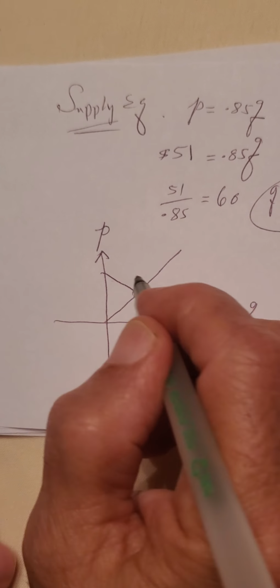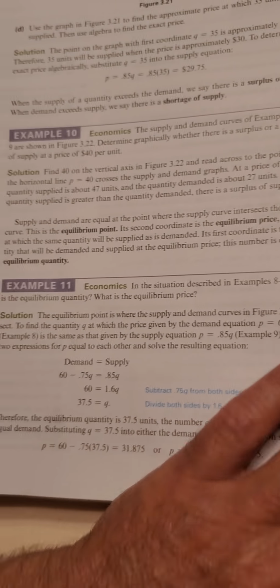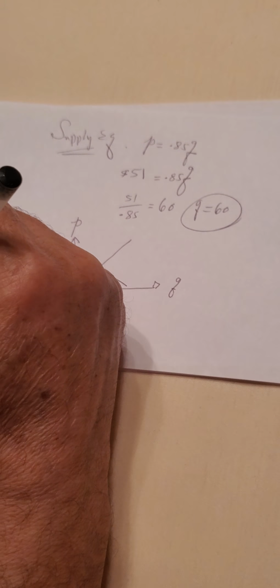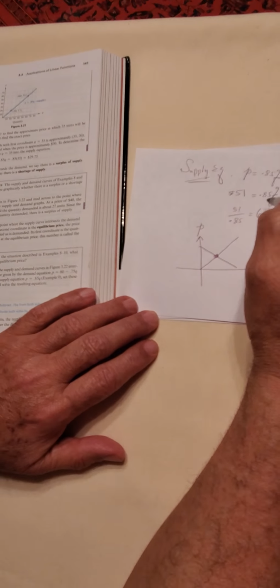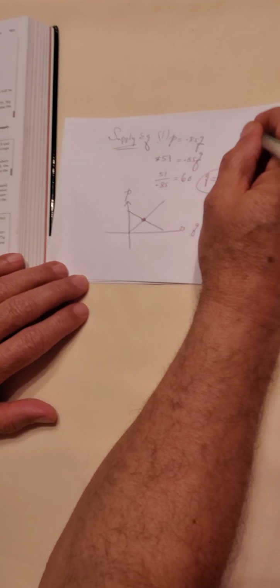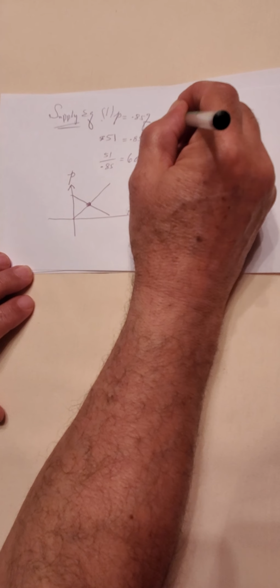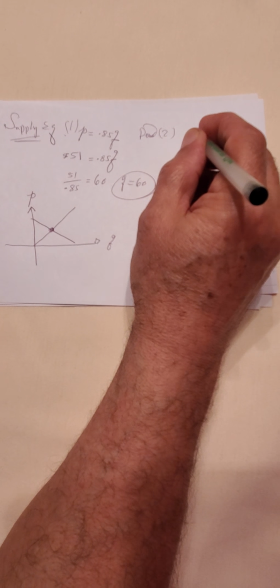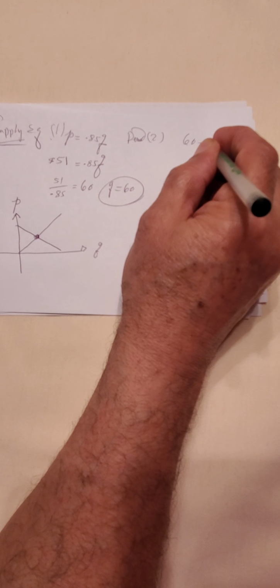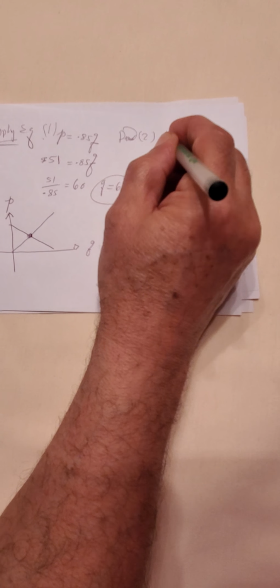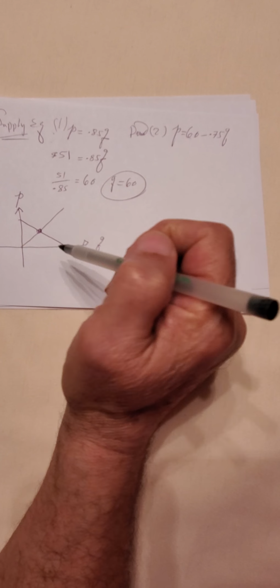This point is the point that we are interested in. This point is for the same P; P is the same for both of them. So we have two equations: one equation is P equals 0.85 Q, and the second, the demand equation, is P equals 60 minus 0.75 Q. That's equation 1, that's equation 2.